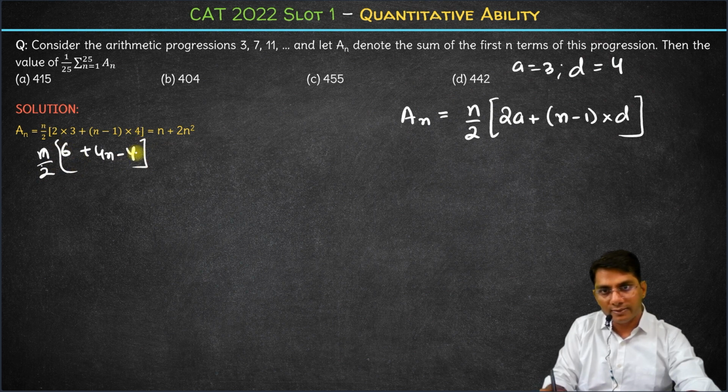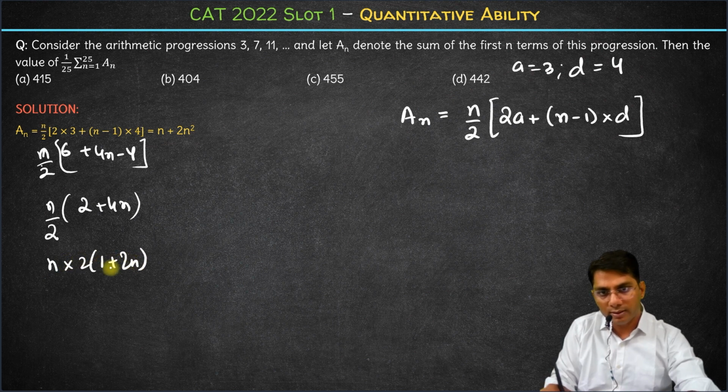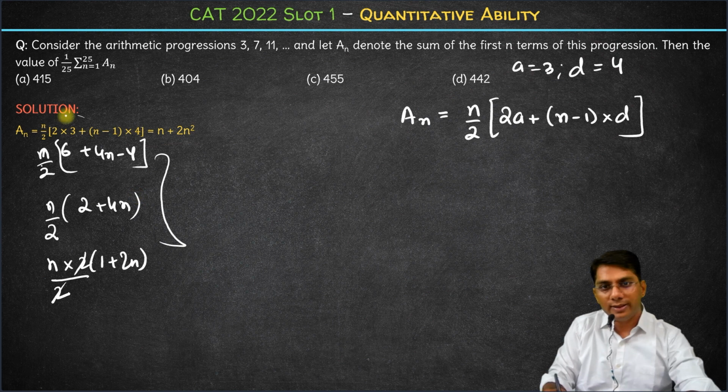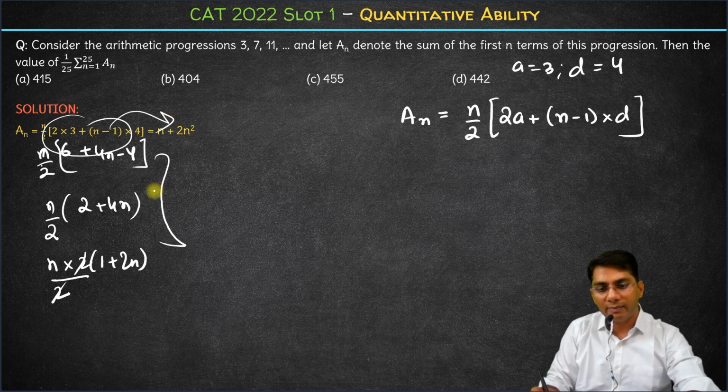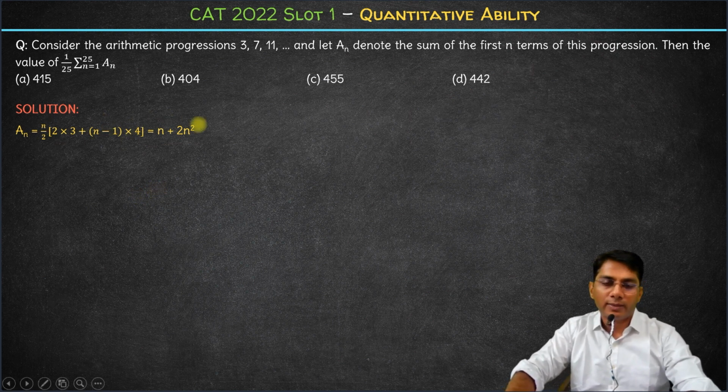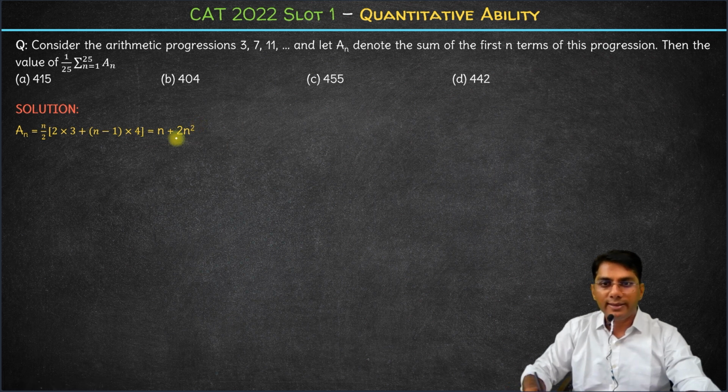So here we have 6 minus 4 is 2 plus 4n, into n by 2. Taking 2 common, we have n into 2 into 1 plus 2n by 2. The 2 gets cancelled out. So we have n into 1 is n plus n into 2n is 2n square. So the sum of n terms of this AP is n plus 2n square.